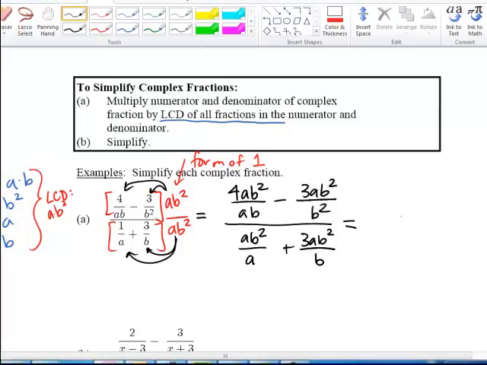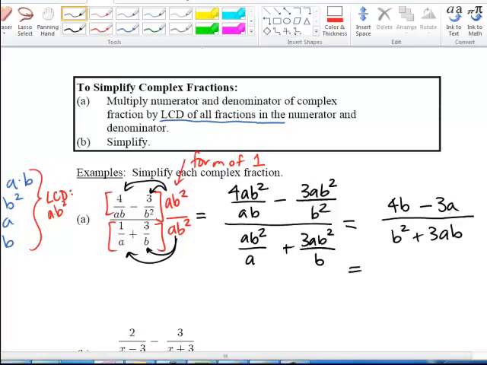And then in the next line, we'll be able to simplify each of these fractions, and we shouldn't have any more complex fractions. So in the first group, we'll have a 4b left, and in the next, we'll have a 3a. And then we'll have a b squared, and then we'll have a 3ab. And then you should factor what's left if you can.